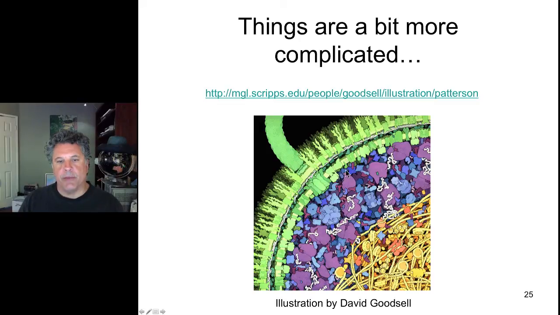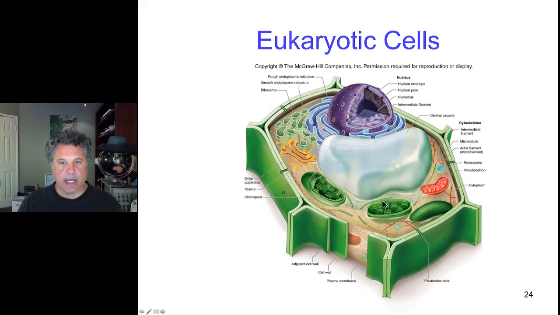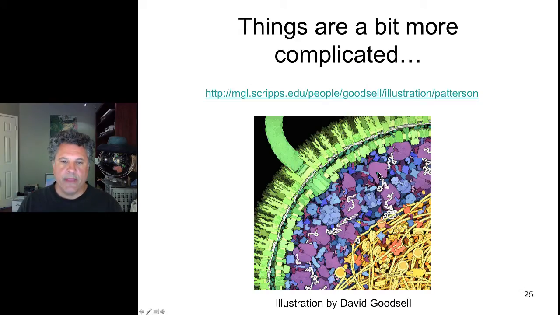Now, in reality, things are a bit more complicated than we draw them in these simple schematic diagrams. The cytoplasm really is a semi-fluid matrix, and this is an artistic rendering by David Goodsell of the Scripps Institute, and he does these wonderful paintings where he takes molecules of known structure and paints them according to their shapes, and then includes in his watercolor paintings the approximate densities, the approximate concentrations of these molecules in a cell.